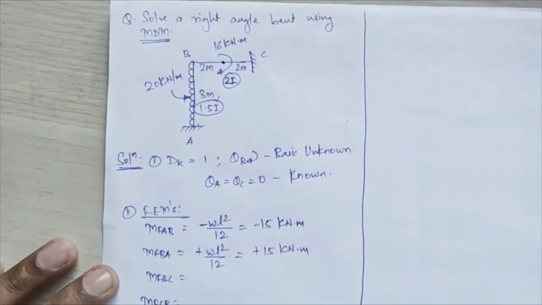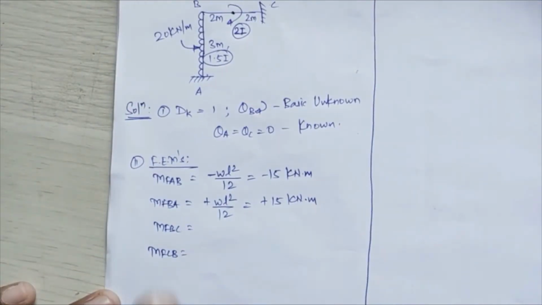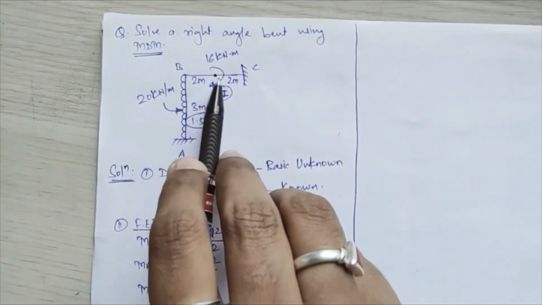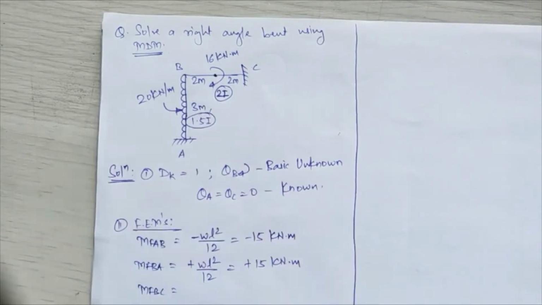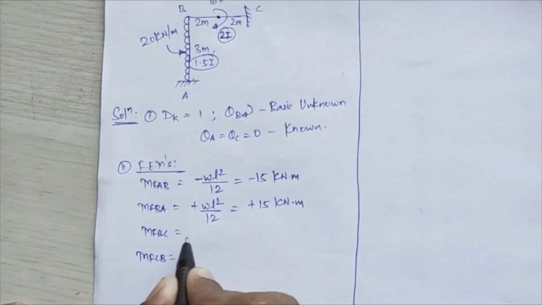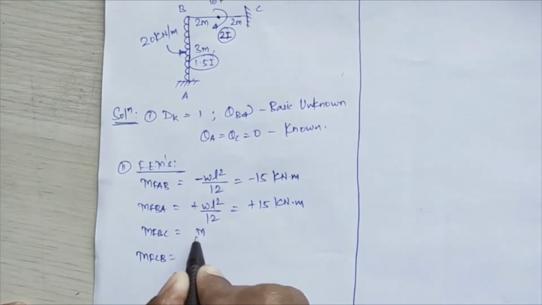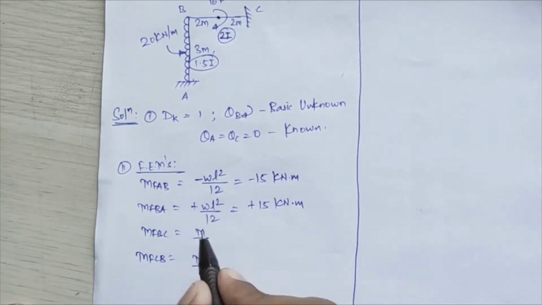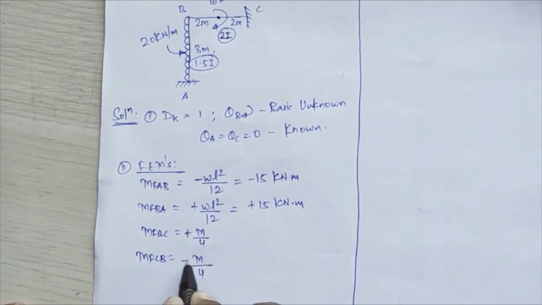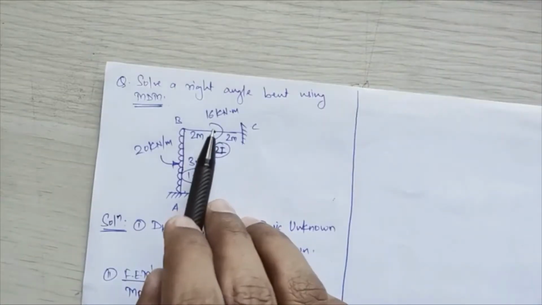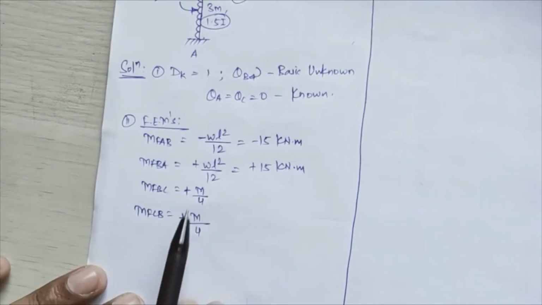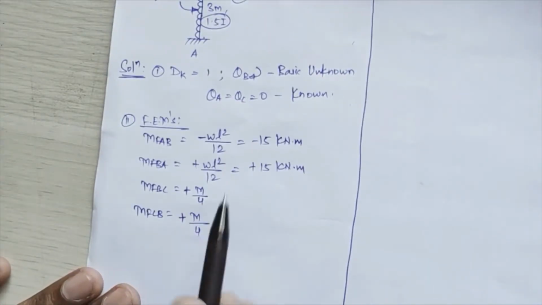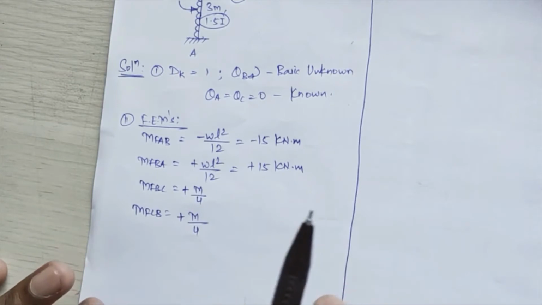Right. Next, for BC member, the loading given is a concentrated moment at the center. For a concentrated moment, this fixed moment value comes equal to M by 4, and same way for CB also it comes equal to M by 4, but the difference is that both these values come positive. Why? Because the acting moment is clockwise in nature. If the acting moment is anti-clockwise, both values will come negative. Here there is no restoring moment sign convention to consider.